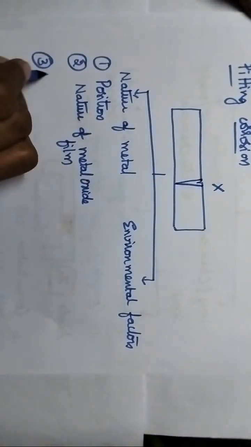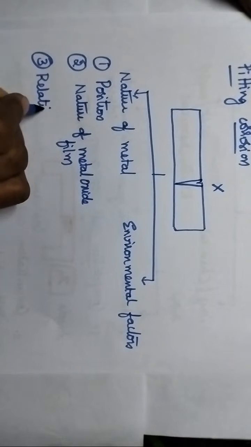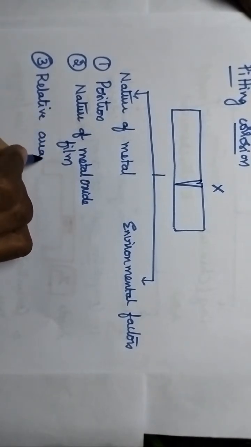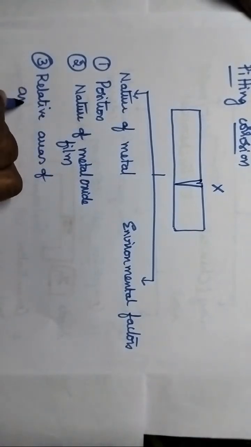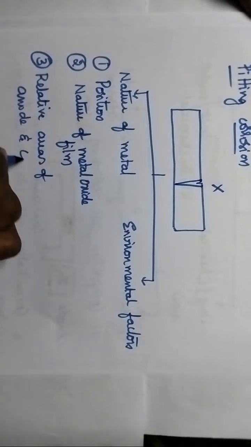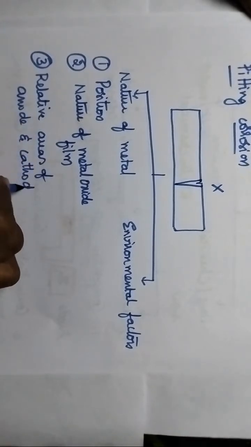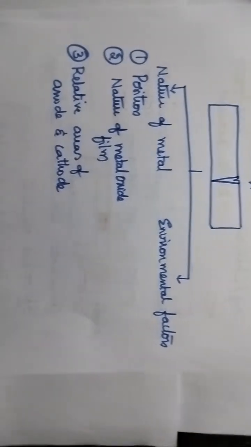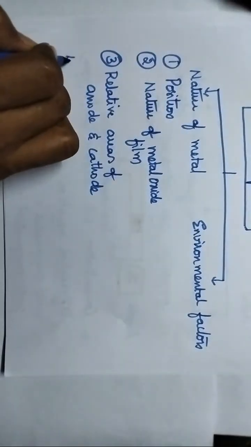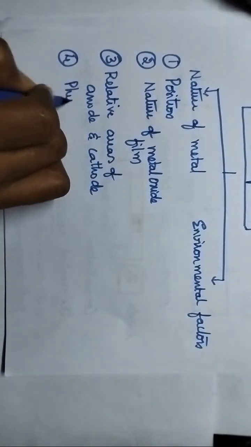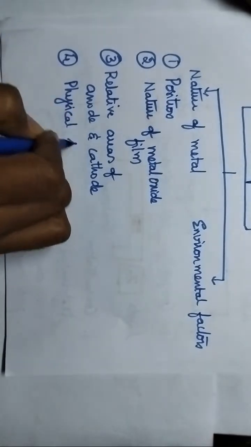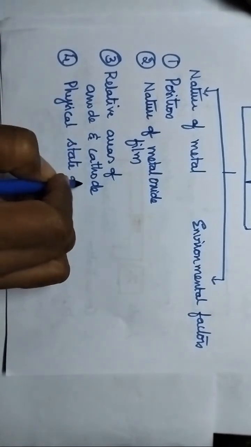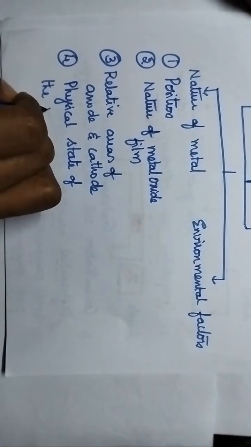It depends upon the relative areas of anode and cathode. It depends upon the physical state of the metal.